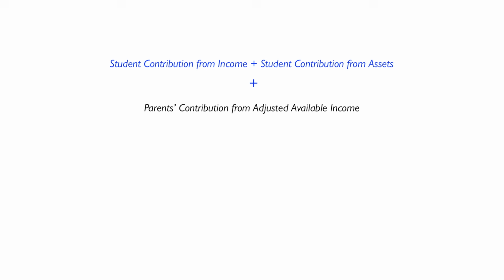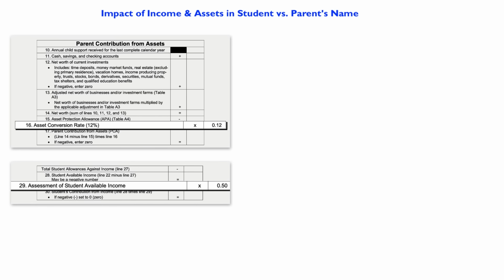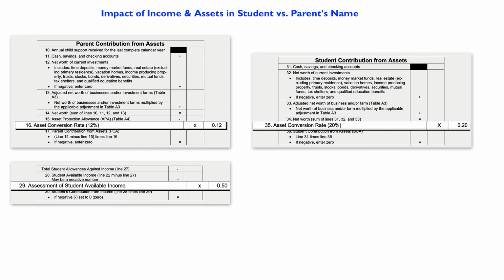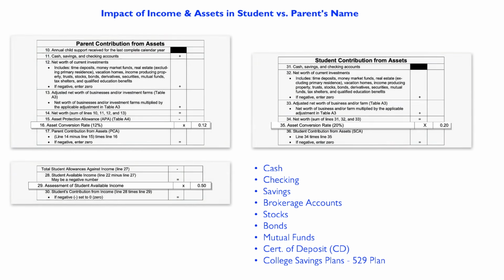The two student portions are added together, then combined with the parent contribution to finally determine the final SAI. Since you can see that the parents' assets are only assessed at 12%, while the student income is hit at 50% and assets at 20%, it really matters whose name certain accounts are in when filling out the FAFSA.